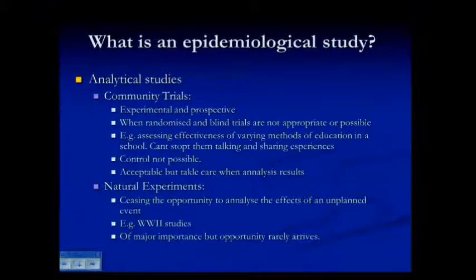I'm not suggesting that you need to know all the ins and outs, but you can find more information in the Essentials of Dental Public Health textbook, which are the links at the end. You can get it as an ebook on the UHI library, but it's got a wee bit more about various different ones if you want to look a wee bit more into them. And when you come to do your assessment, you need to be able to identify what kind of study it is you're looking at.